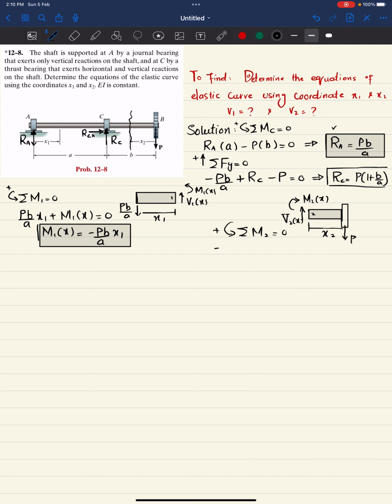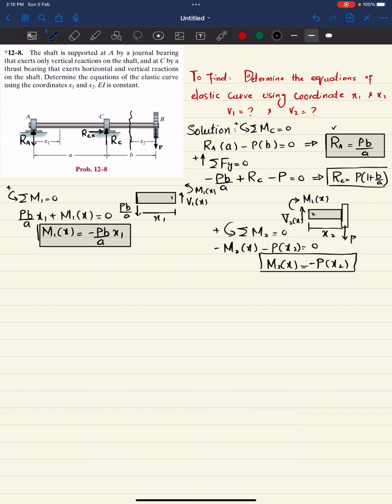So I will write minus M2 of x minus P times x2 is equal to 0. From here M2 of x will be equal to minus P times x2. Now this is the moment equation when you use coordinate x2.